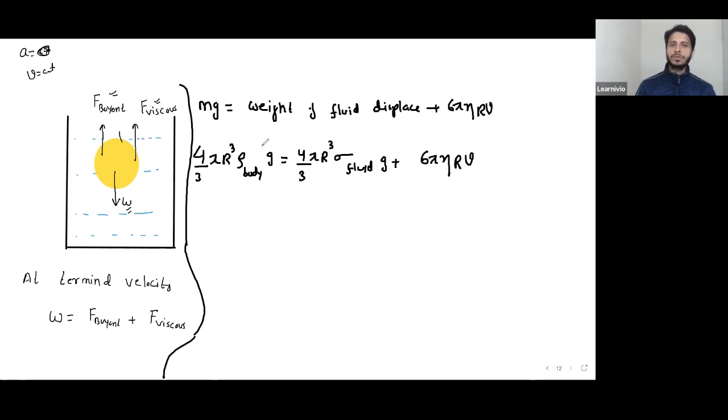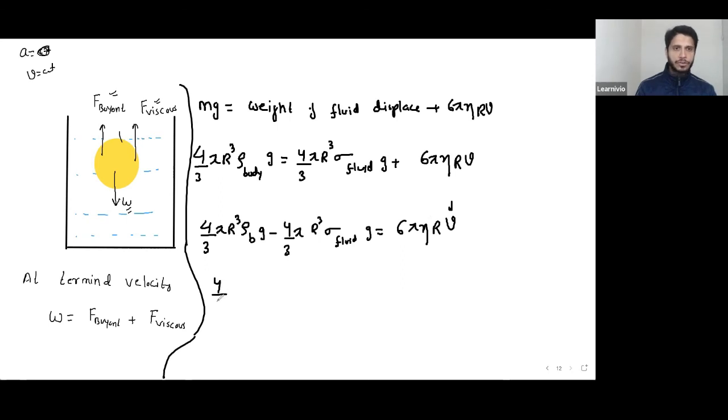You can take these terms to the left hand side. So you can write this as 4 by 3 pi r cube density of body into g, minus 4 by 3 pi r cube density of fluid into g, is 6 pi eta rv. I need this v. So let's take some common. 4 by 3 is common, pi is common, r cube is common, g is common.